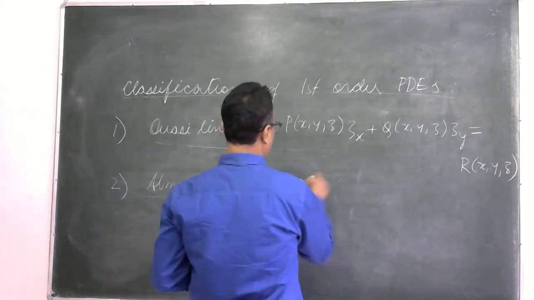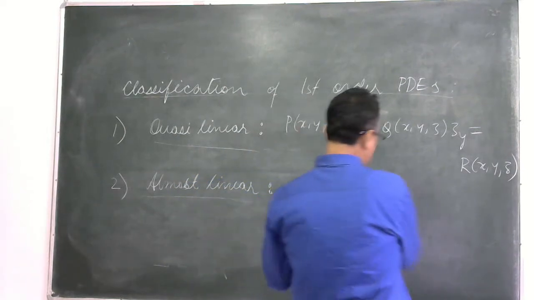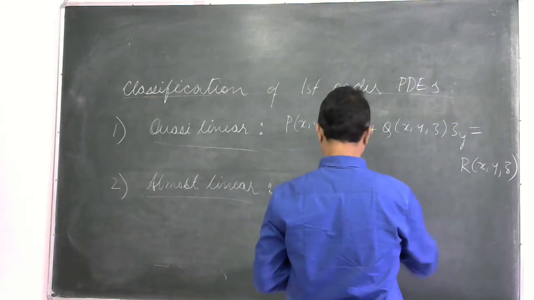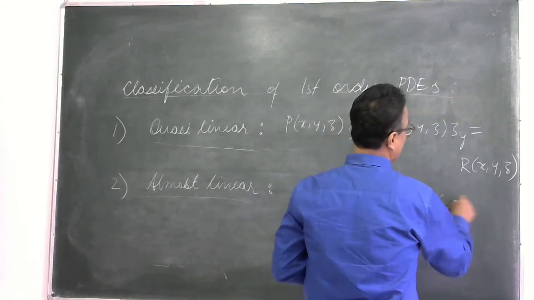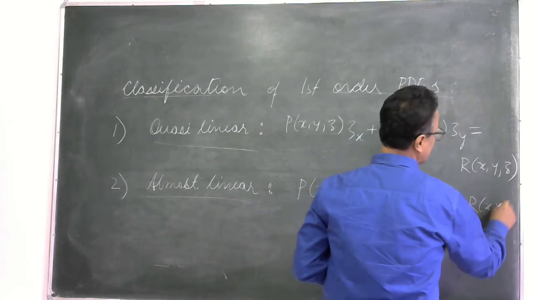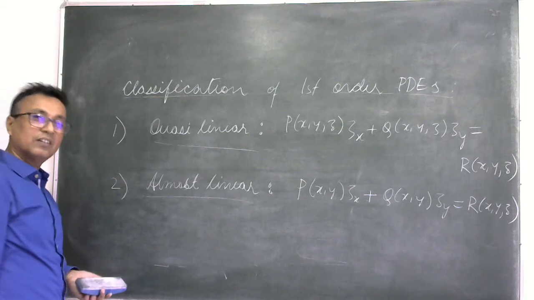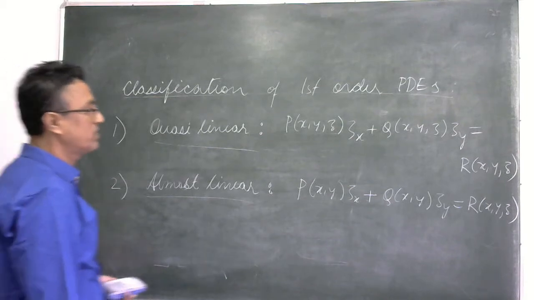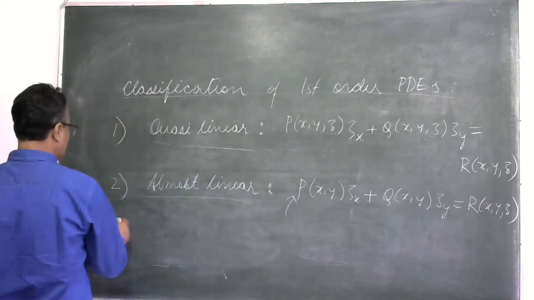Suppose these coefficients are functions of x and y only, I am going to deal with this in a short while, but R still remains a function of all three variables. Then this one is almost linear.